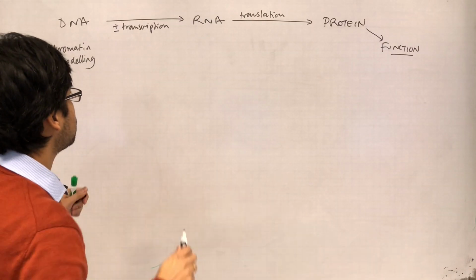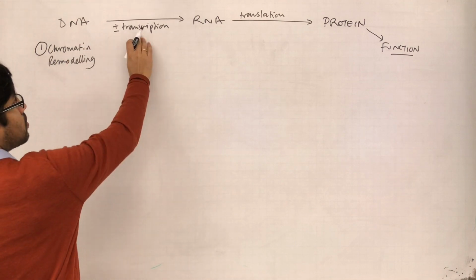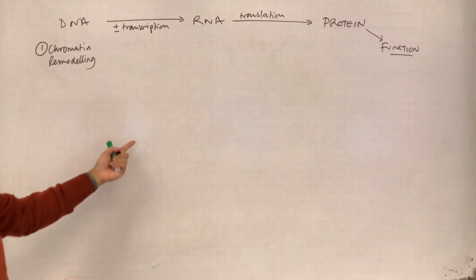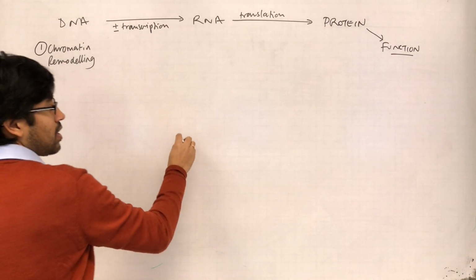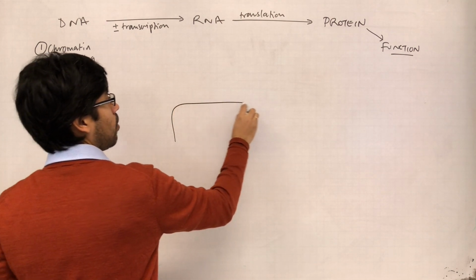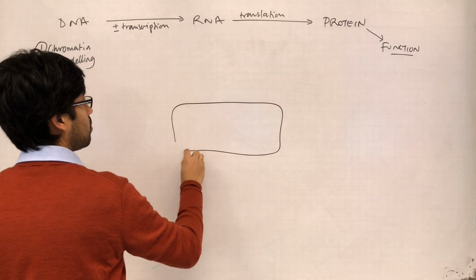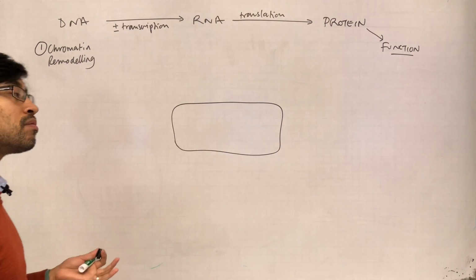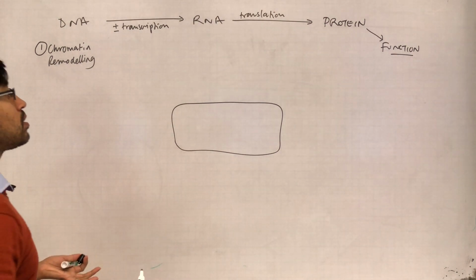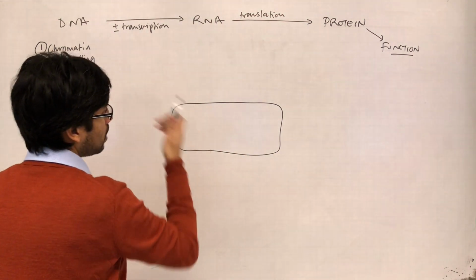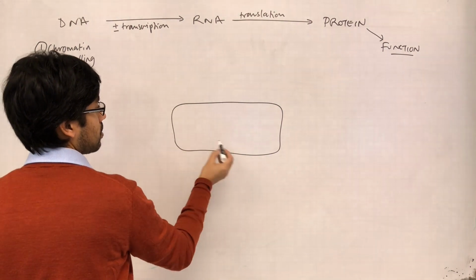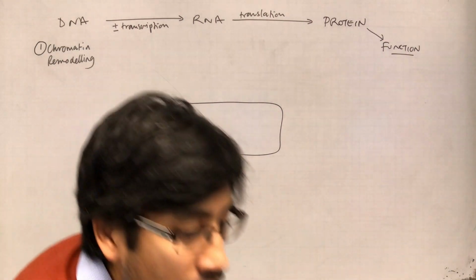So the Lac Operon is an example of how you can control or regulate transcription, and it comes back to our idea of responding to your environment.